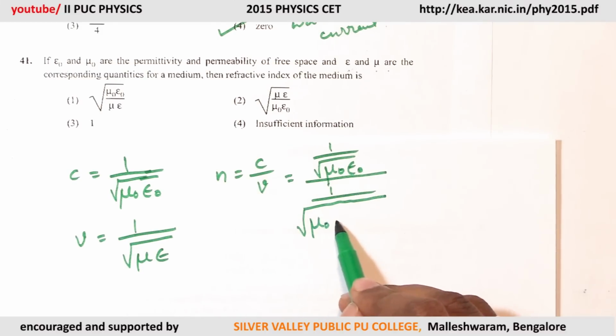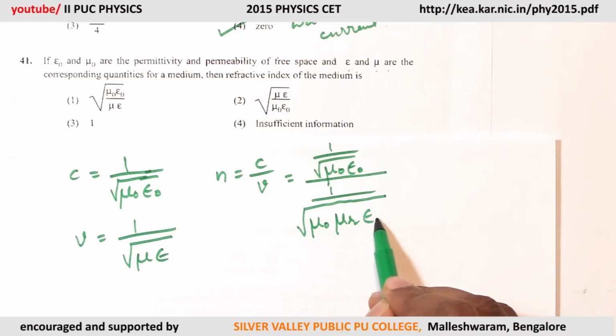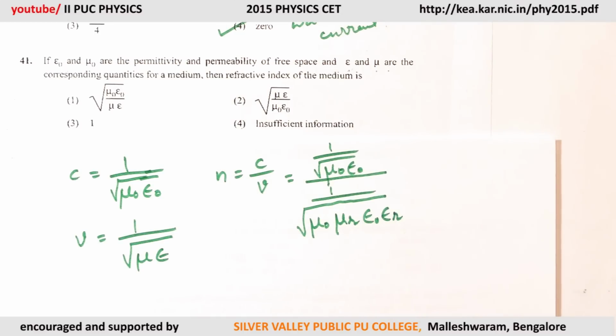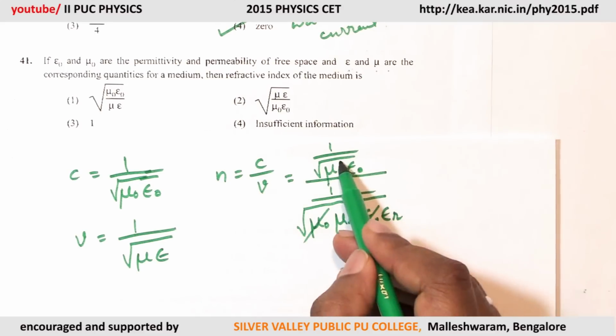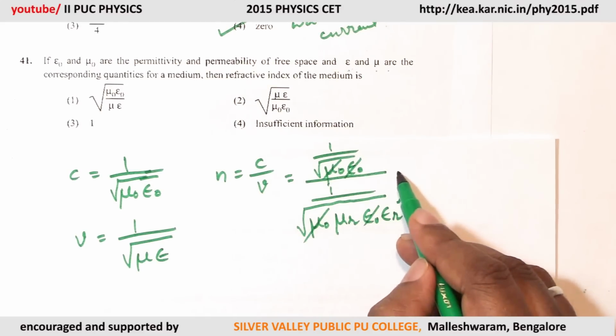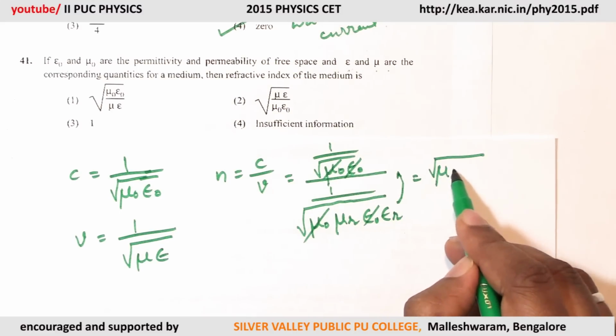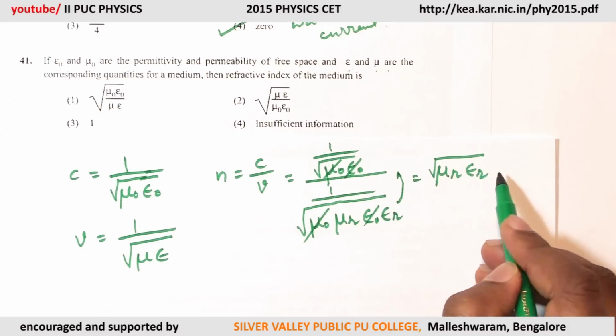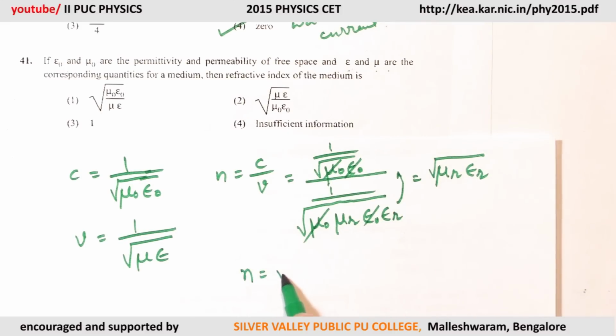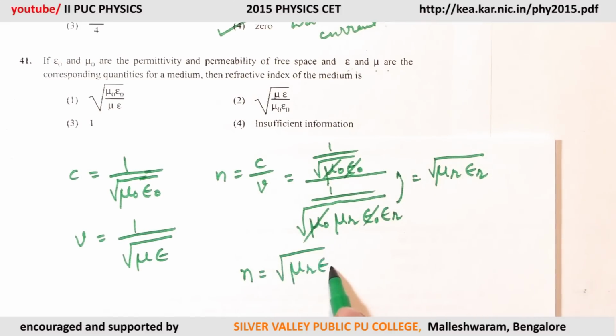Mu is mu naught into mu r, epsilon is epsilon naught into epsilon r. This cancels, this goes to the numerator, which is equal to root of mu r epsilon r. Refractive index is root of mu r epsilon r.